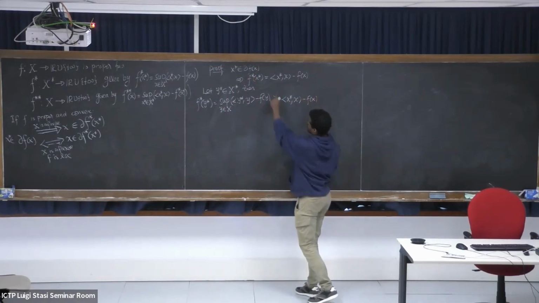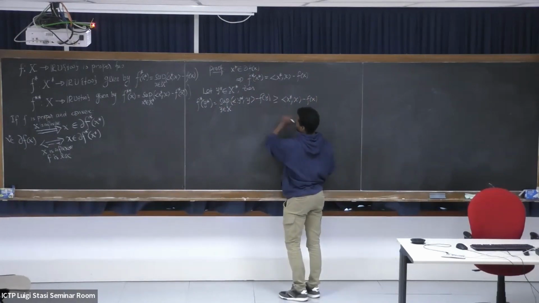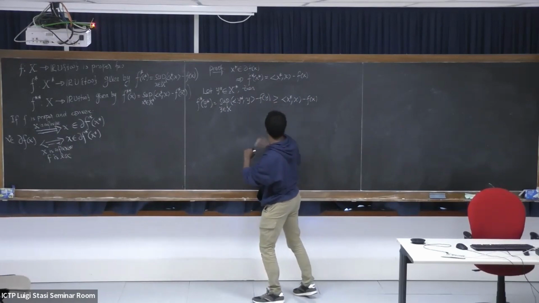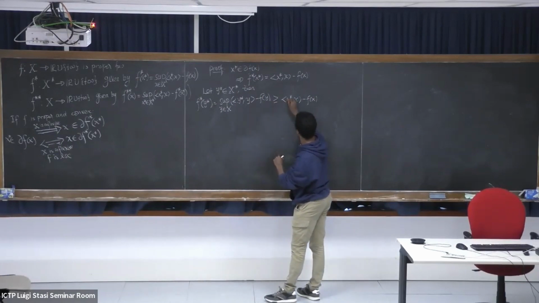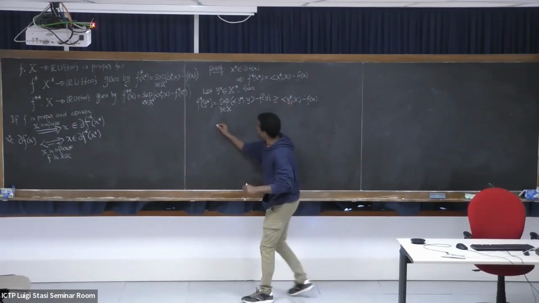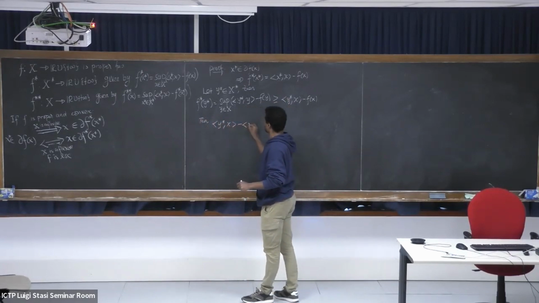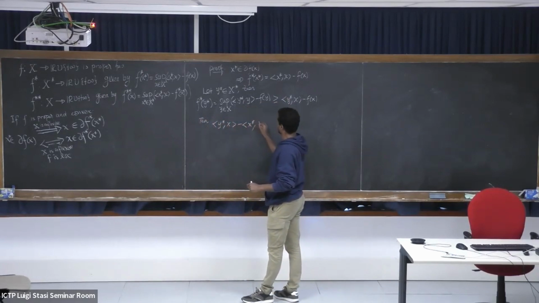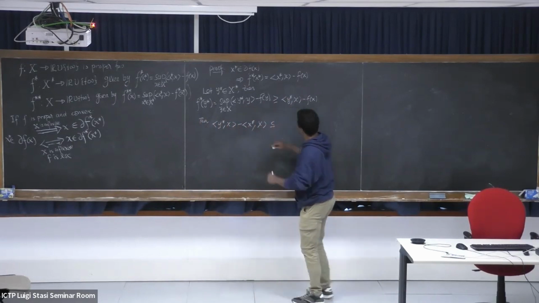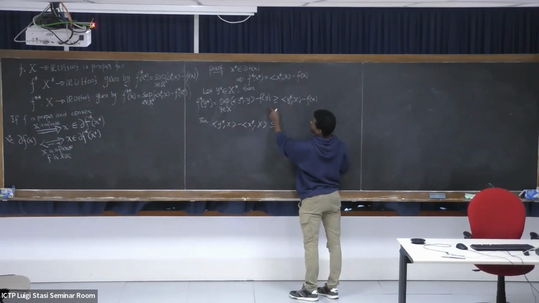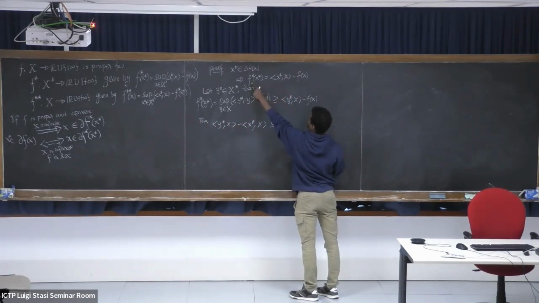So if we rearrange this, y star x minus f of x is equal to the negative of this one.